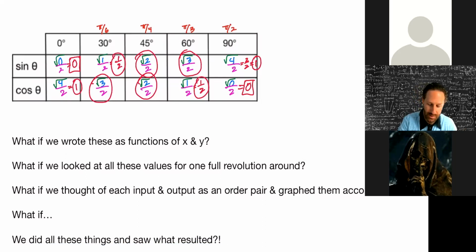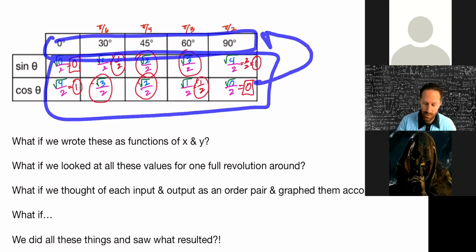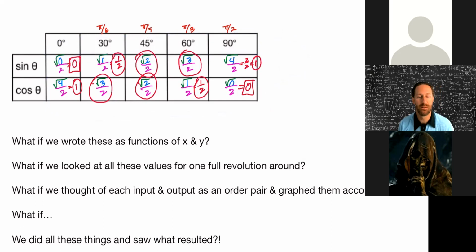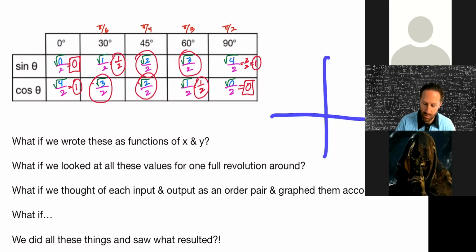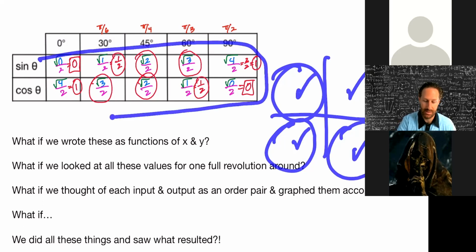What if we just did all these things and saw what the result was? The cool thing is, if these are the values that I get for everything in quadrant 1, as we saw last time via the unit circle, what values are we going to get in quadrant 2? In quadrant 3? And in quadrant 4? They're all going to be the same as these.